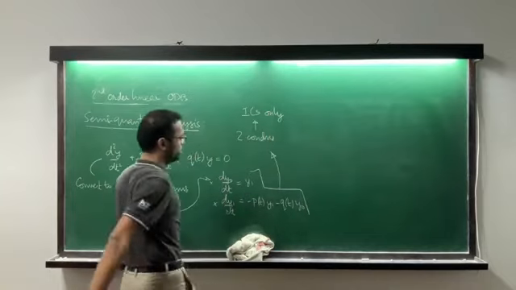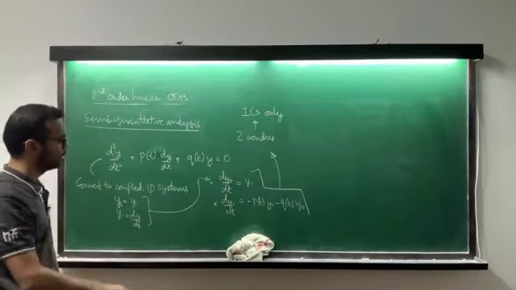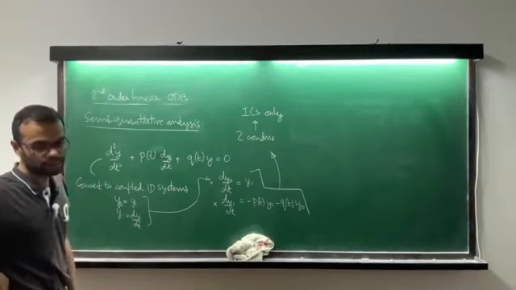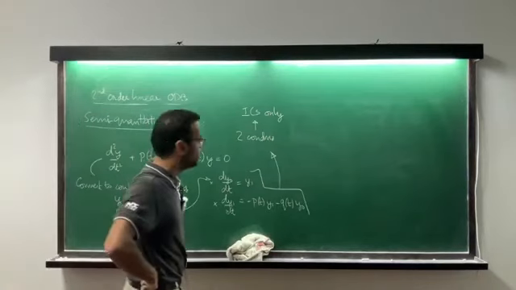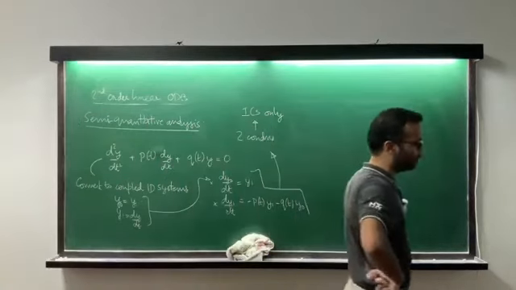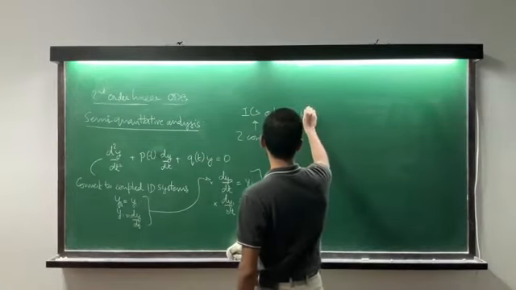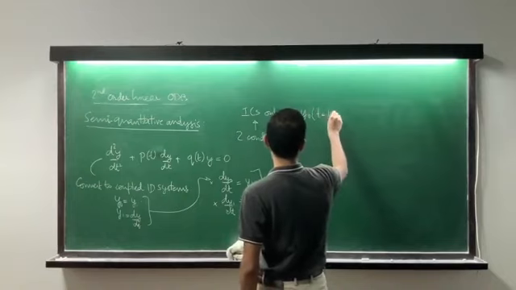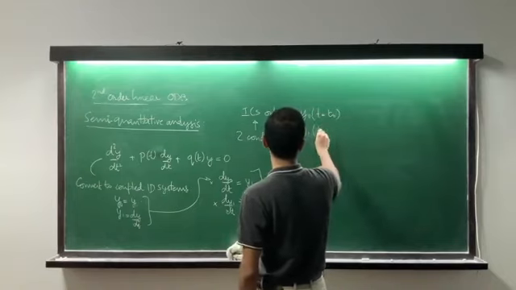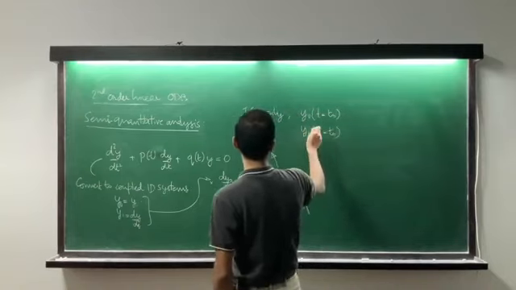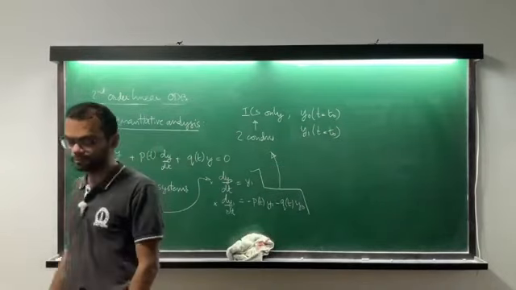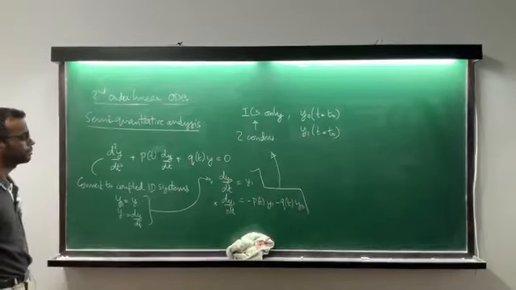The boundary value problem is a little bit more complicated to analyze like this, so we won't do it in this class, but we may do it at a later point. For now, we're only talking about initial value problems. So you specify y0 at t equals t0, and you specify y1 at t equals t0.